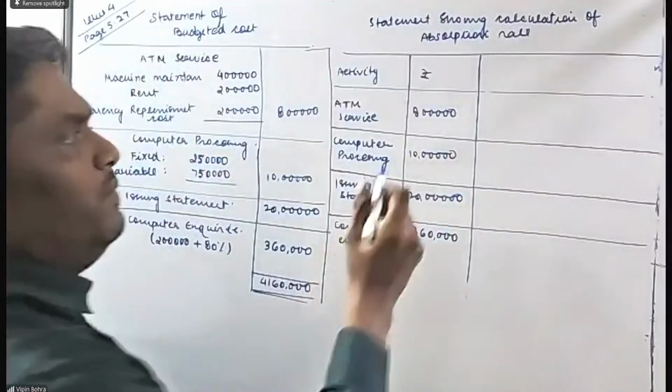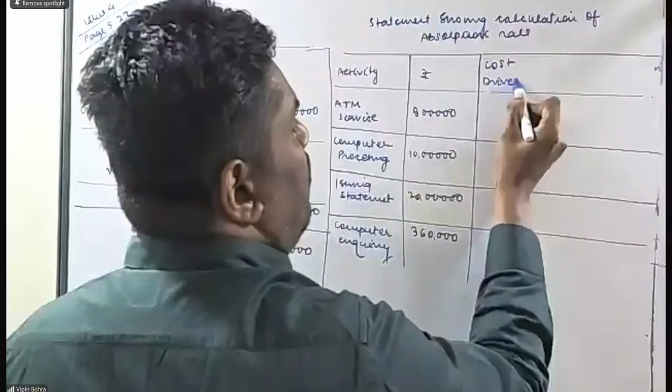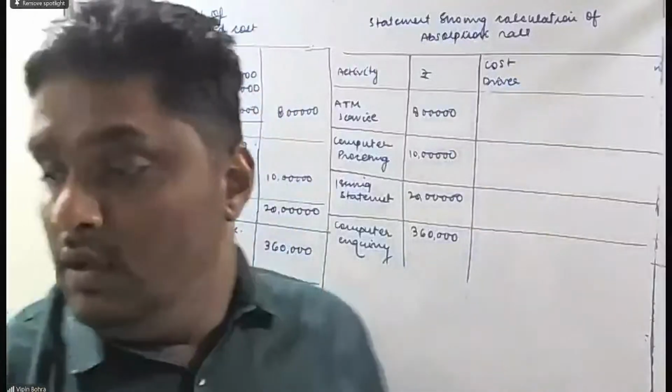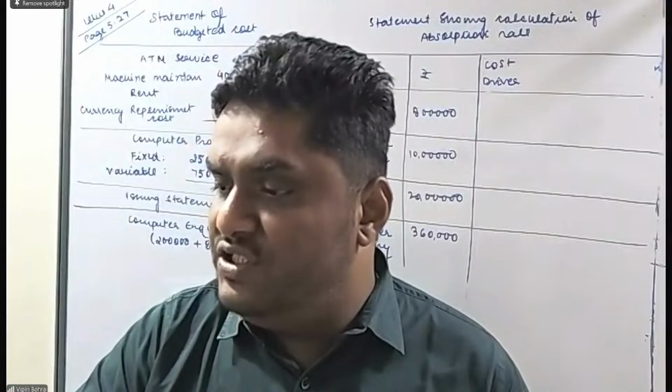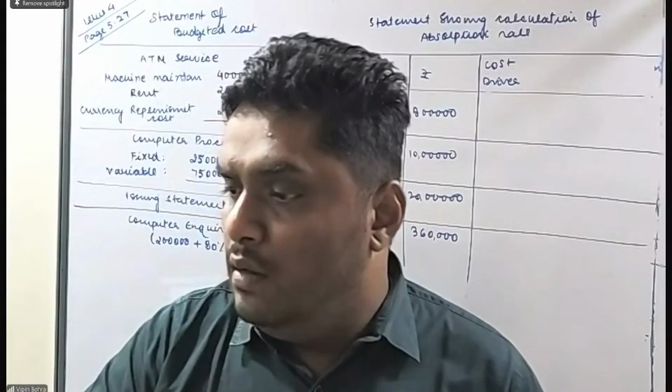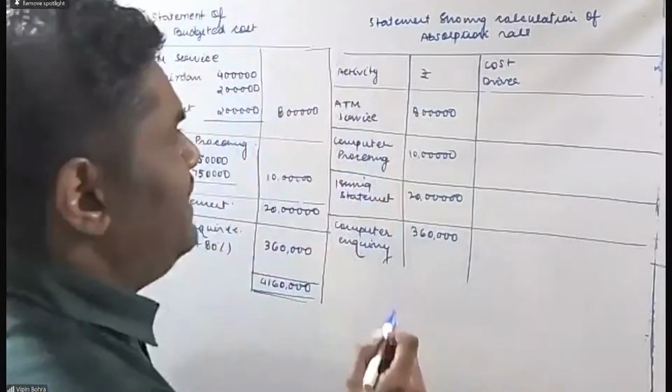The next step is what? My cost driver. So when talking about the cost driver, again, the information is given straight away. So for ATM service, it is number of ATM transaction.